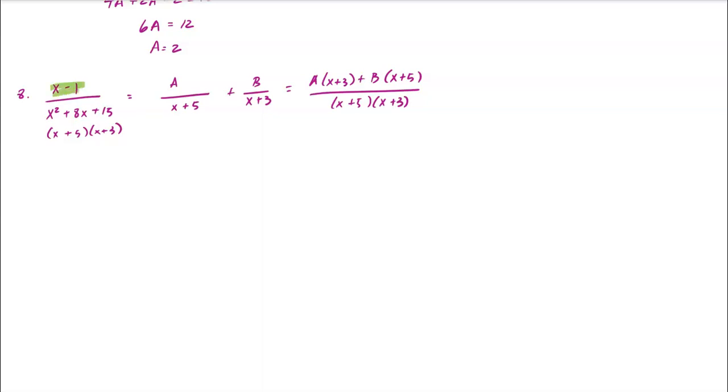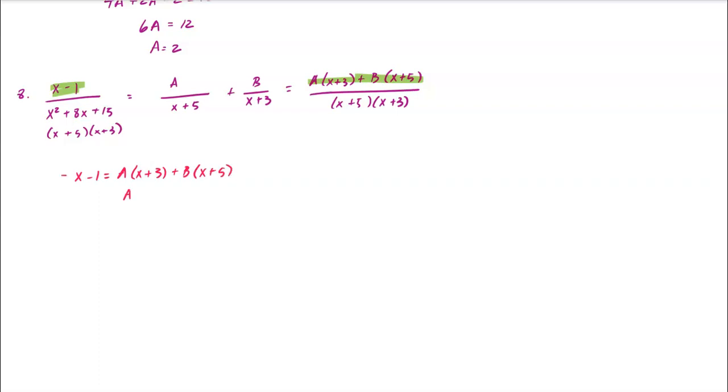Take x minus 1 and set it equal to that entire numerator. So we have x minus 1 equals a times x plus 3 plus b times x plus 5.